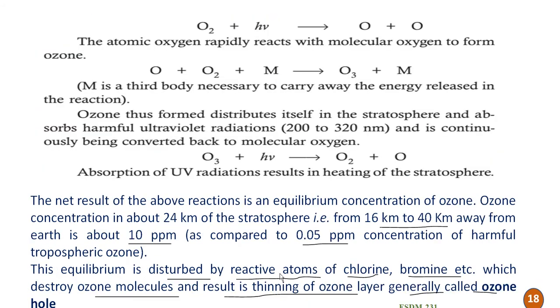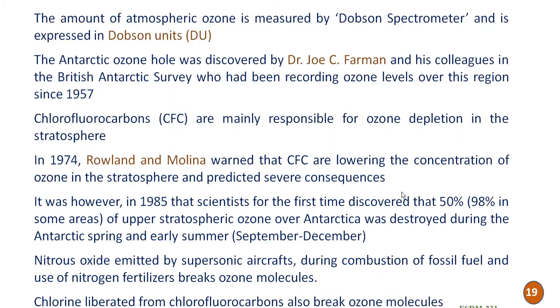Because of the chlorine and bromine, these reactive atoms react with the ozone, and the ozone equilibrium in the stratosphere is destroyed, that is called ozone hole or ozone layer depletion.